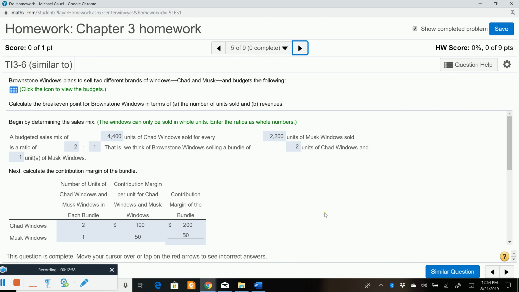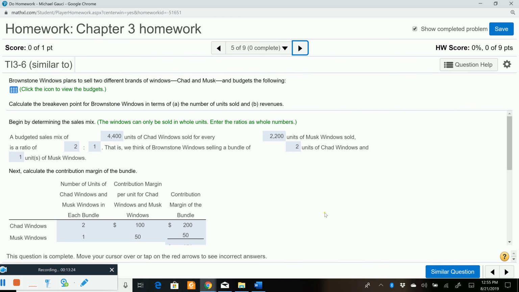All right, this homework problem is interesting because it takes into consideration a mix, a product mix. Now, doing break-even analysis or target profit analysis with a product mix, we first have to consider what we call a bundle.